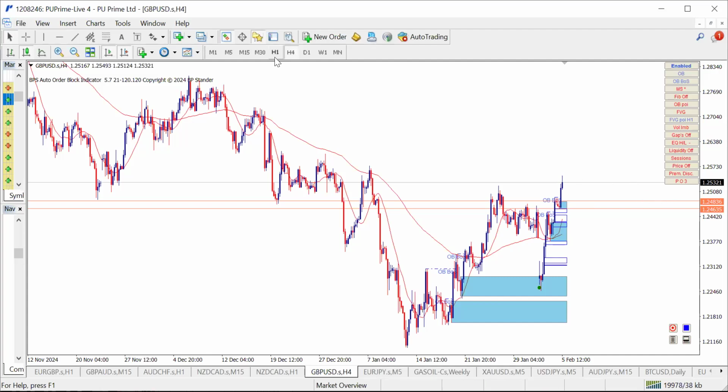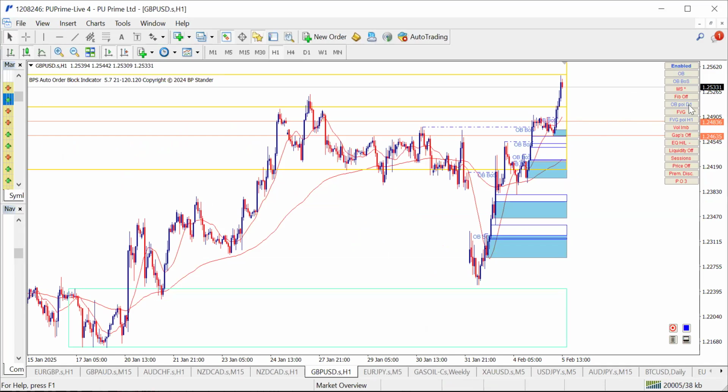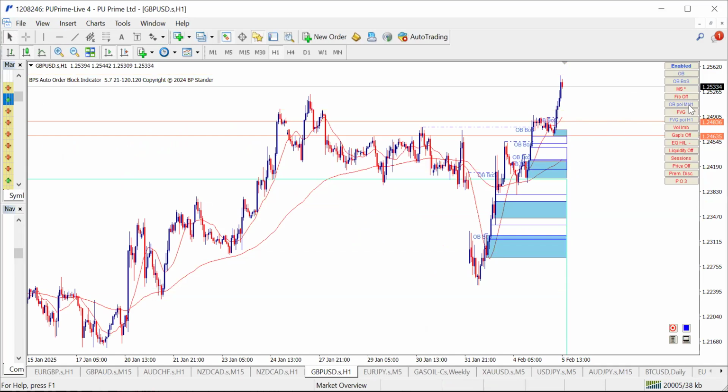So the 1.2346 region, this is the area I'm looking out for a proper retracement before making my current decision. This is on the 1 hour time frame.